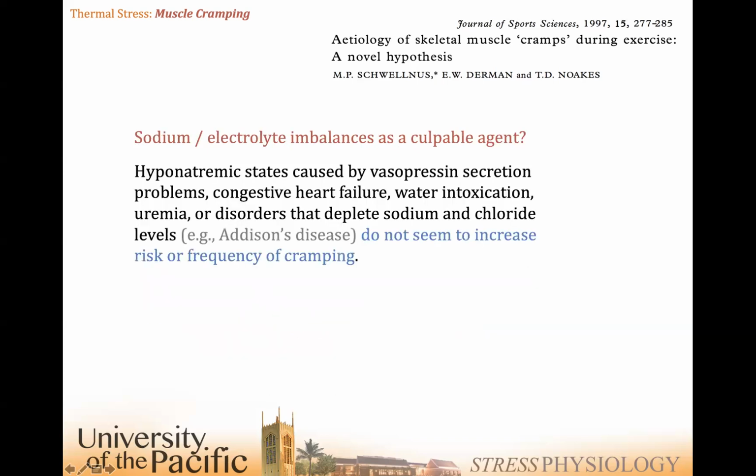But if you look at the hyponatremic, your low sodium, right? A hyponatremic state, that means you're really low sodium. You look at people who have illness induced, these conditions that induce this, and you don't see frequency of cramping, risk of cramping, severity.